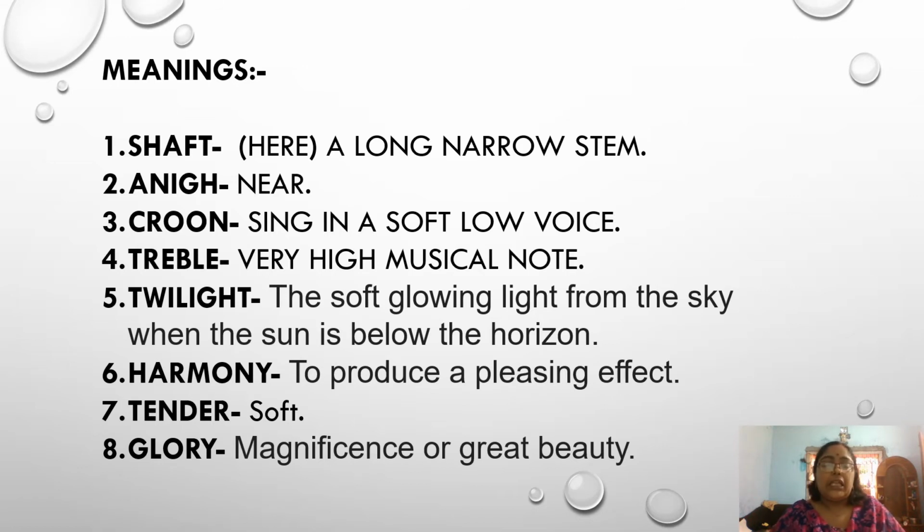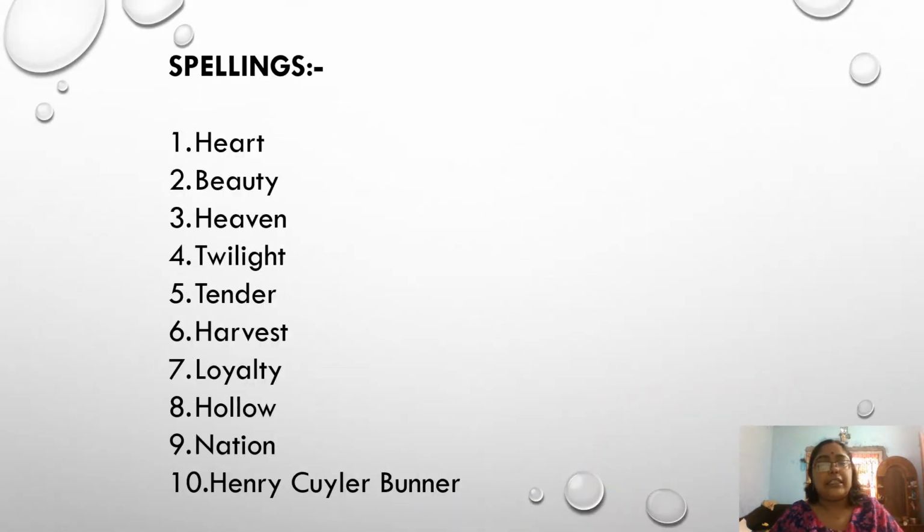Okay. Now the next slide, where you are going to write down in the next page. So see here, there are 10 spellings which I have given. You all are to write down the spellings twice. According to the rules of our school, we should write down the spellings twice.